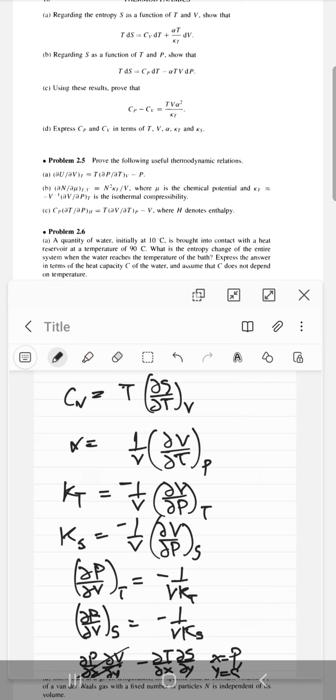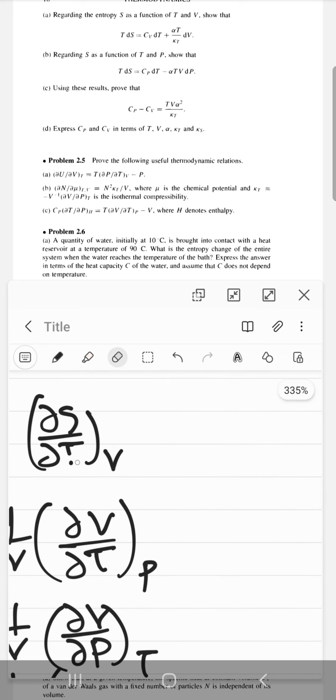Wow. It's partial S by partial T. Come on, think about it. What can we do? So you got volume and temperature. Okay, that's everything with volume and temperature. Interesting. So if I switch this, because temperature and entropy together are sort of incompatible.